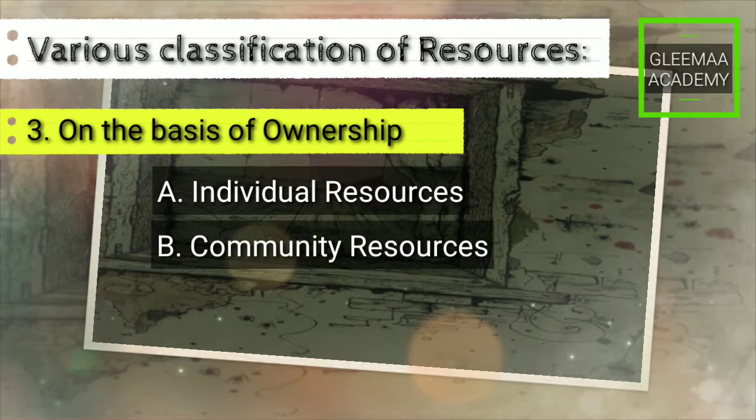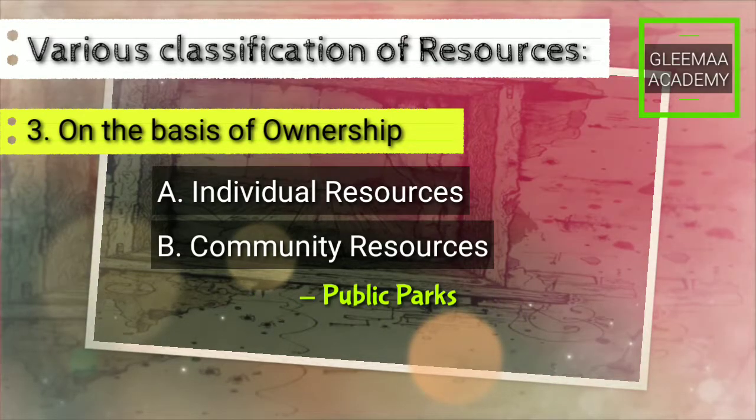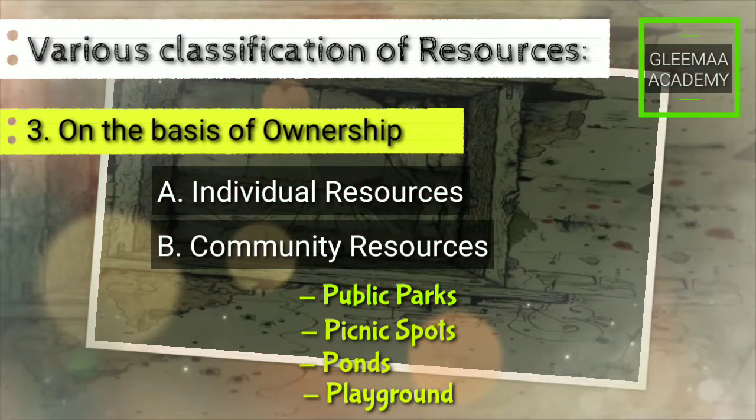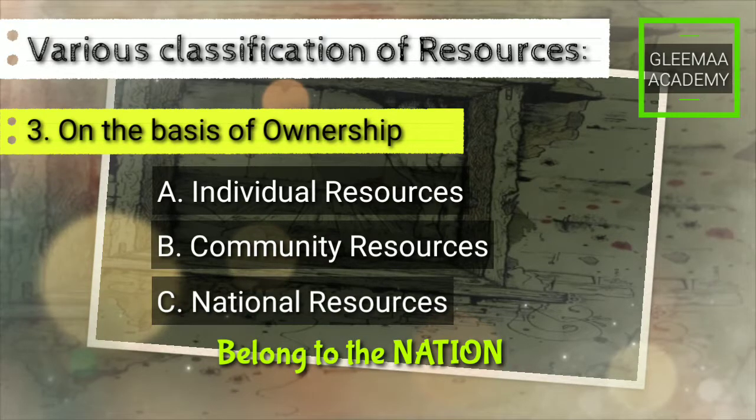B. Community resources, which are accessible to all the members of the community. For example, public parks, picnic spots, ponds, playgrounds, etc. C. National resources, all the resources which belong to the nation or a particular country.